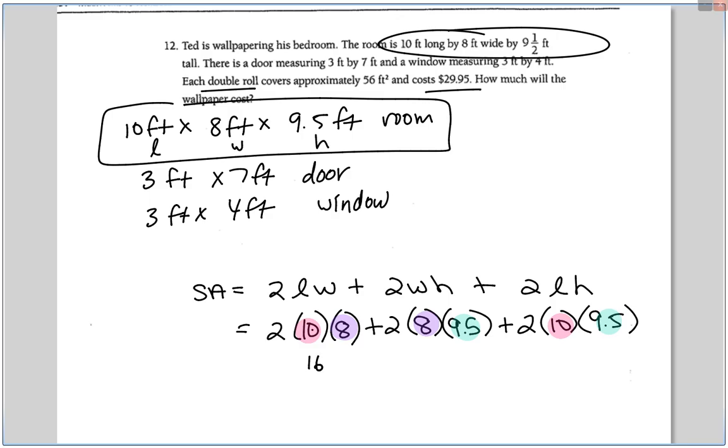So 160 here. 152. 190. Got 502 square feet on the room.